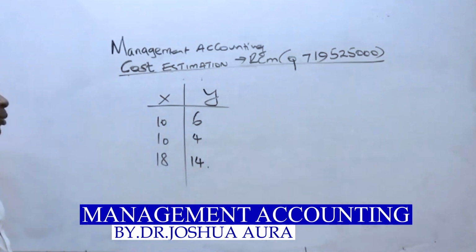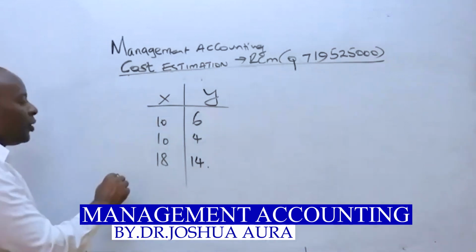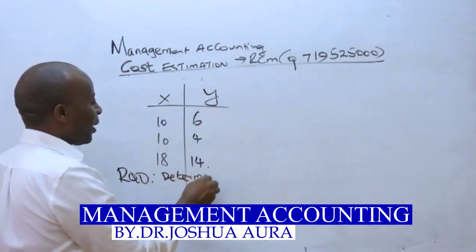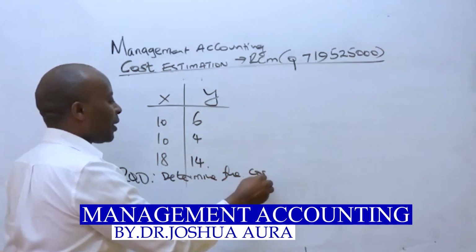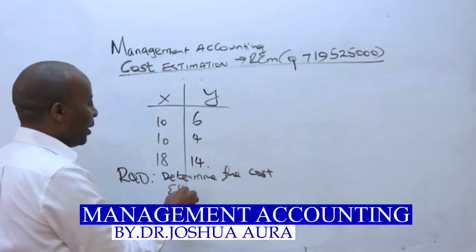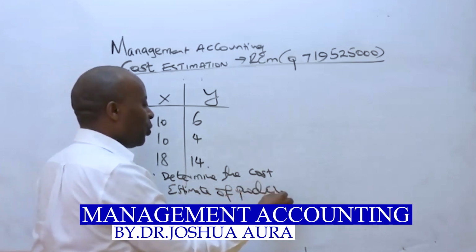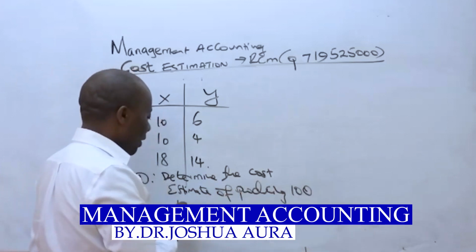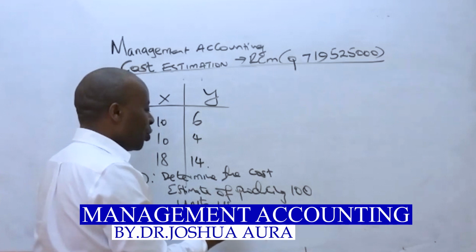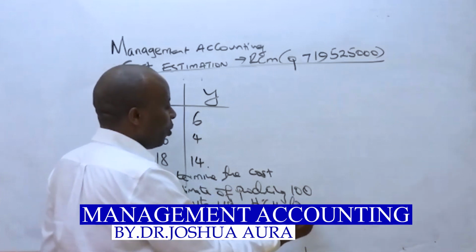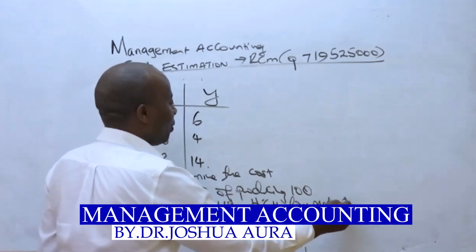And then somebody tells you you are required to determine the cost estimate of producing 100 units using the high-low method.